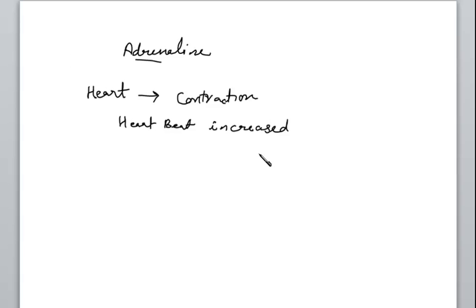And since blood flow is linked with the oxygen supply, the oxygen flow will also increase. That means more and more gaseous exchange should take place so as to support the increased contraction and relaxation of the heart muscles. So the next target site for this adrenaline will be the respiratory system.